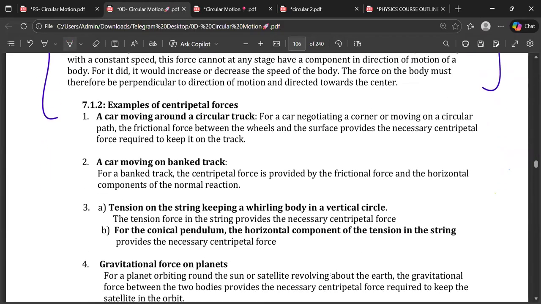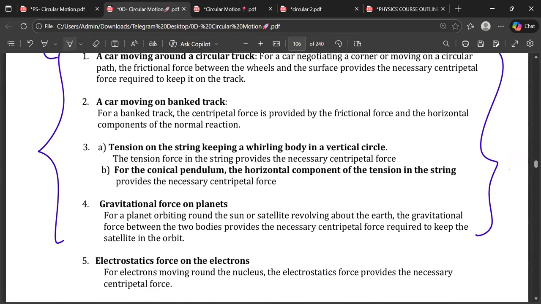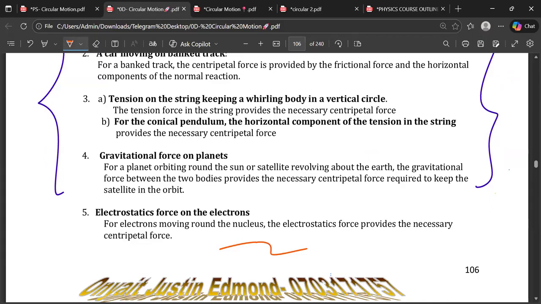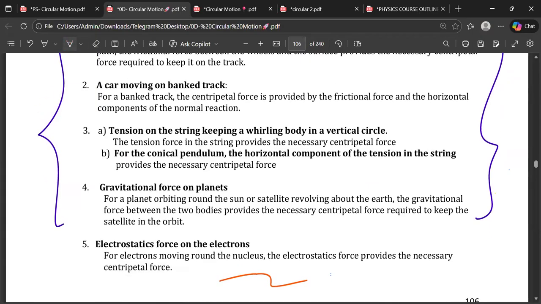These are examples of the centripetal force in real life that we talked about. You can just read through and see whether the literature is different. Someone asked me to put these books on the drive, and I'm going to find ways of doing that. You just need to remind me.